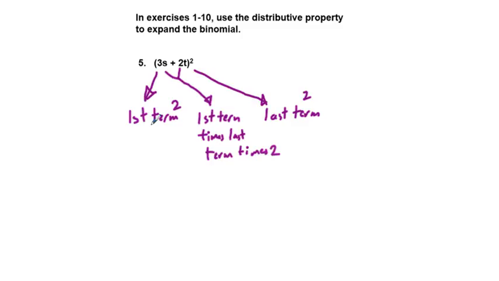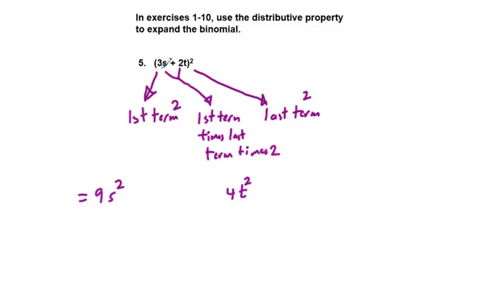So let's go ahead and work this out. Our first term squared, well, that's going to be 9, 3s, so that squared is going to be 9s squared. Our last term is going to be positive 2t. Well, 2t squared is going to be 4t squared.